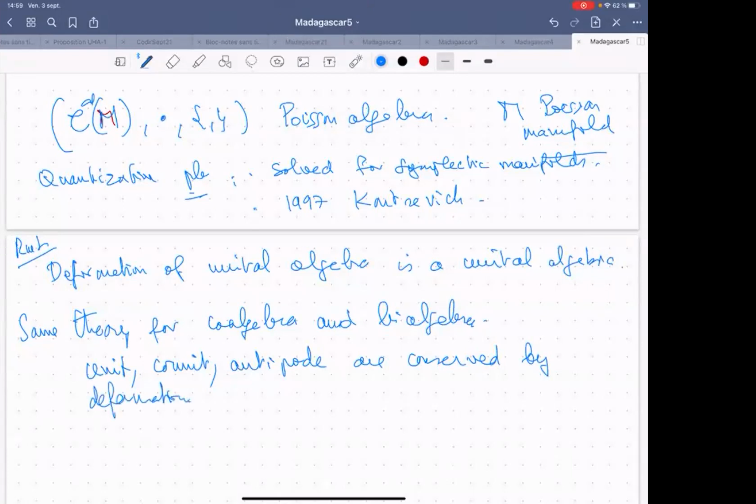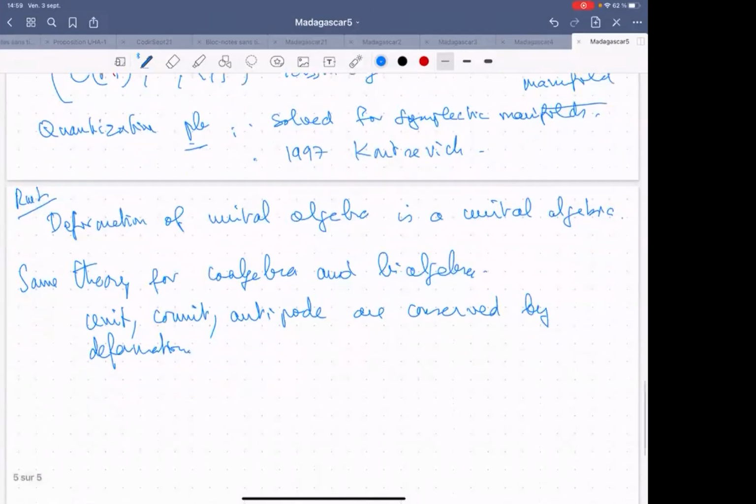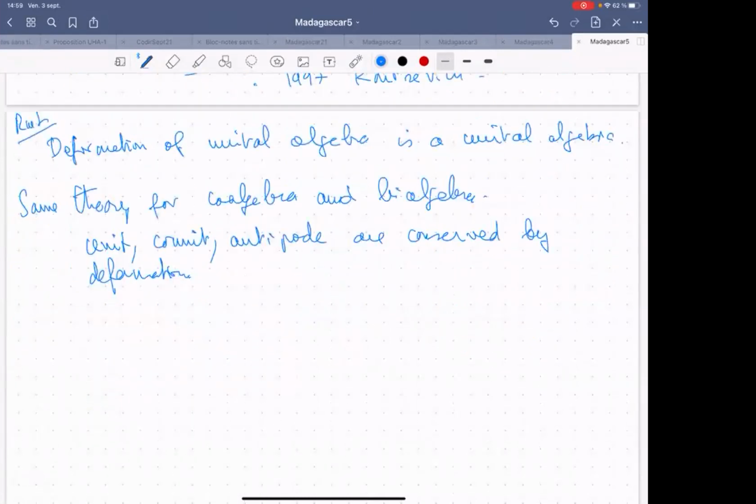Okay, and of course this theory could be extended, as I told you, to other algebraic structures. Friedrich Wagner will talk about Lie algebra next week.